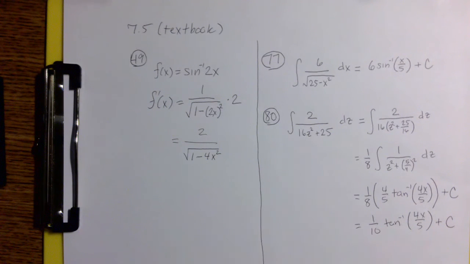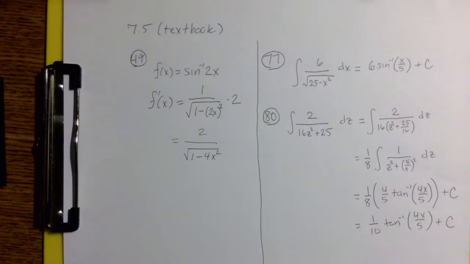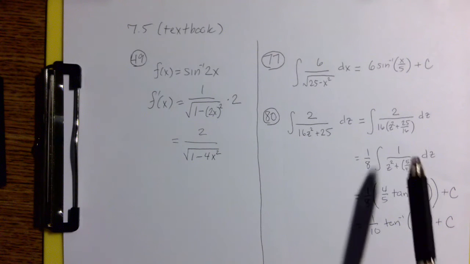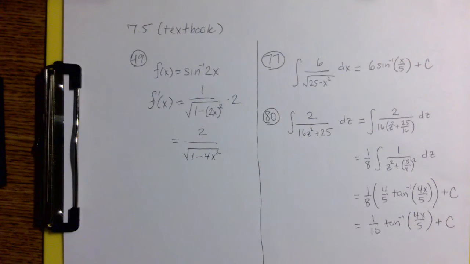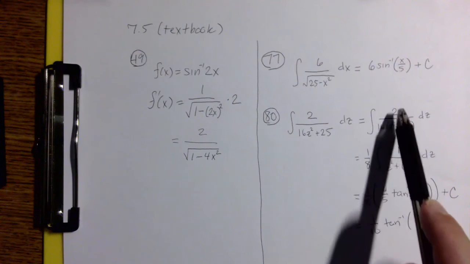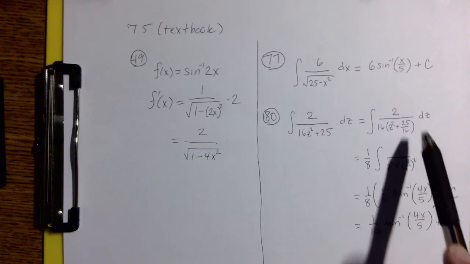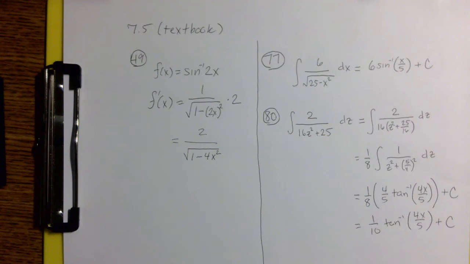So we don't quite have that because we have that 16 in front of the z squared when we began here. So to begin with, there's kind of 2 paths we could take here. But the way that I went through this is to factor out the 16, bring it entirely out of the integral, okay, using our constant multiple rule. We can also bring that 2 out, so that's why the 2/16 became 1/8. And I rewrote this 25 over 16 as 5/4 squared, because remember, we want to think in terms of a squared. And then from there, it's plugging into the formula.